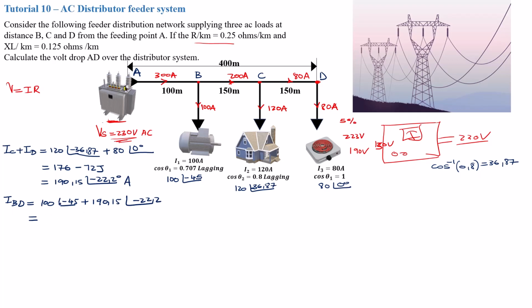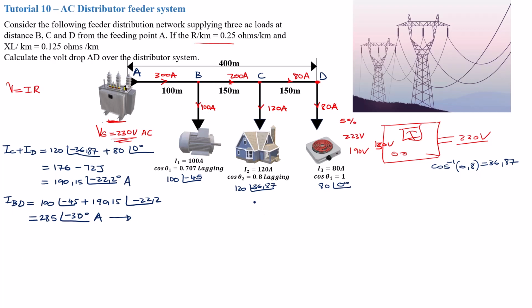Adding these two currents, same process we did there, you're going to get a value of 285 with an angle of negative 30 degrees amp. So this is the total current combined of all these three currents.